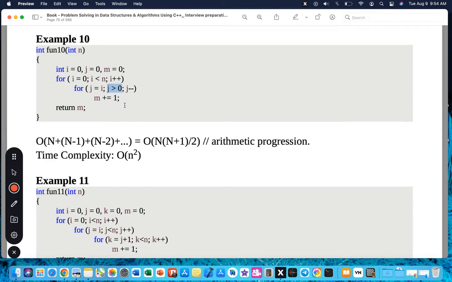All right. Then we have j minus minus. So this is a function of n, n minus 1, n minus 2, and so on. And the time complexity is n squared.